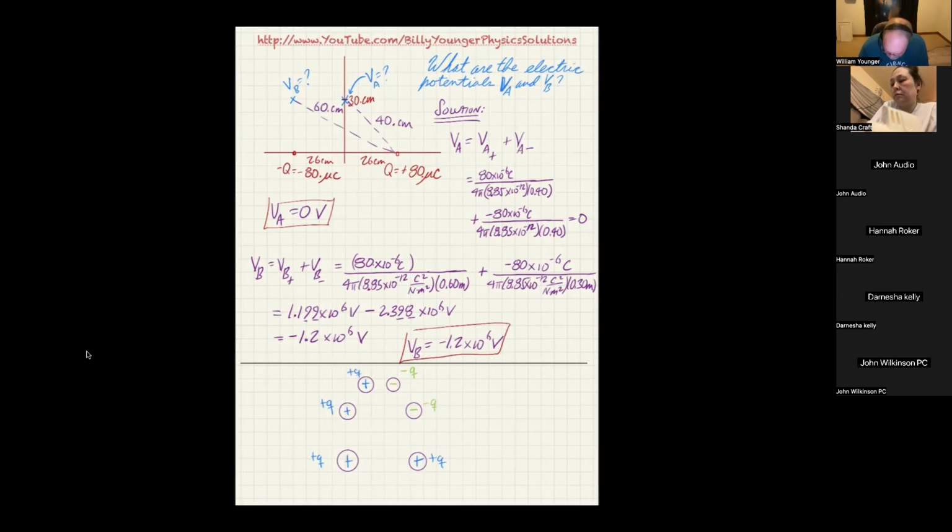Okay. So what we know is that the potential energy is really the work done. So we could say work done by the external force is equal to the change in potential energy.